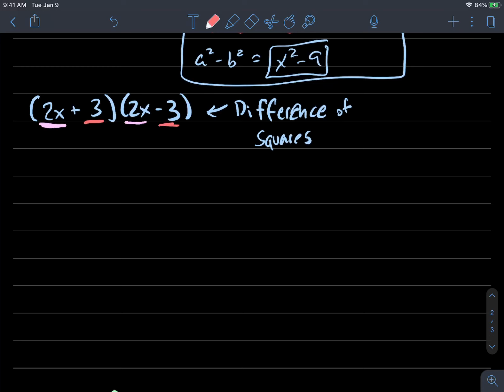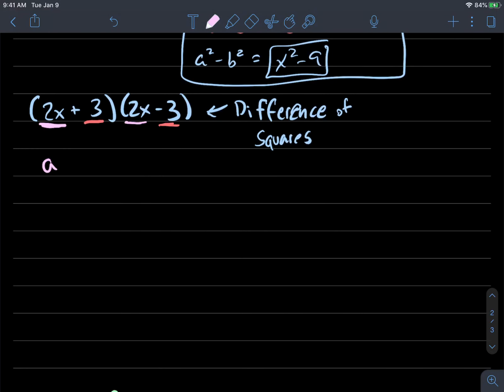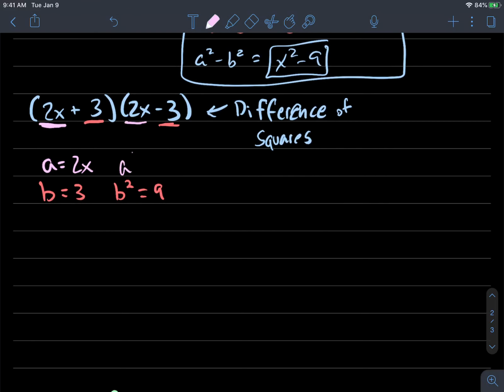So if we identify, our A here is equal to 2x, and our B here is equal to 3. B squared is 9, and A squared is going to be 2x squared.